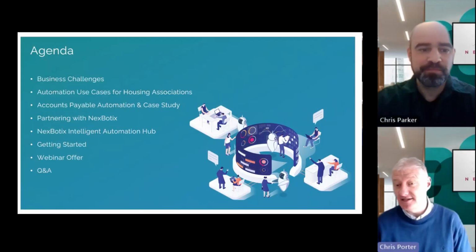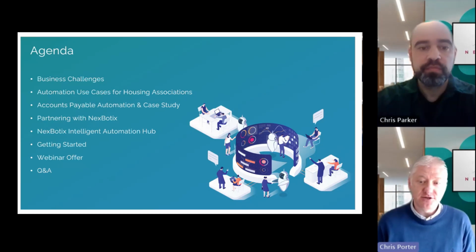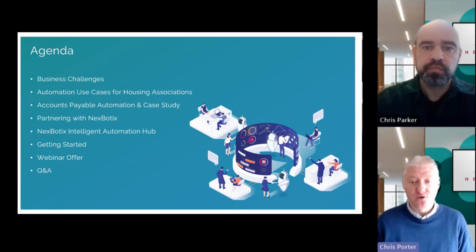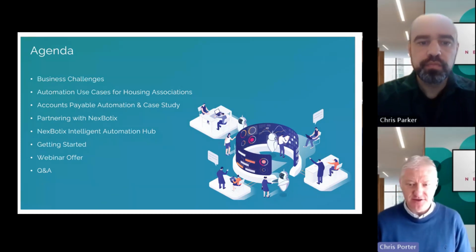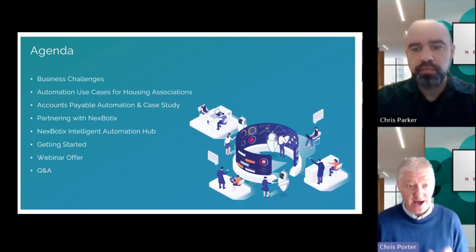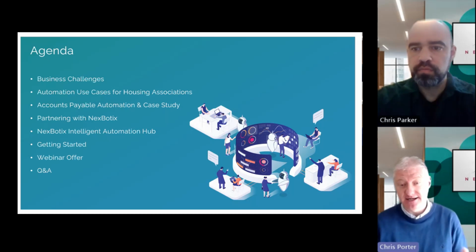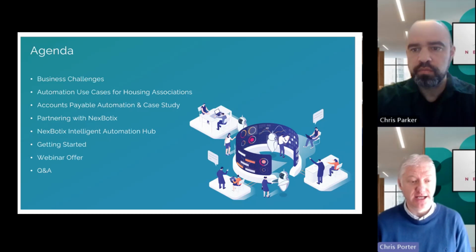So we're recording this event so we can put it on replay to anyone that wasn't able to attend today. Just in terms of the agenda, we're going to focus on a sharp, punchy event, keeping it to 30 minutes. A couple of key areas we're going to be looking at: some specific process automations for the housing sector, an introduction to accounts payable, a case study of a housing sector organisation, and then we'll talk about how we can help you to start your automation journey if you haven't done so already.